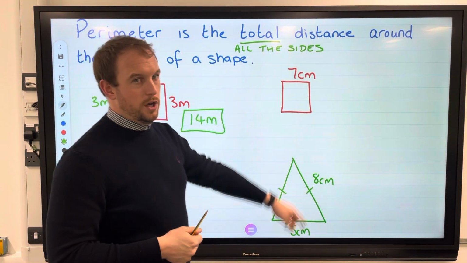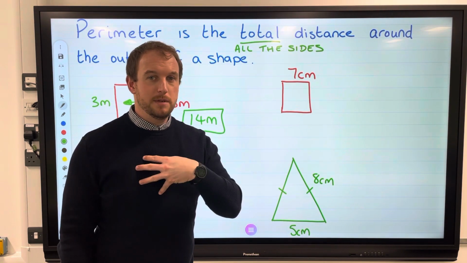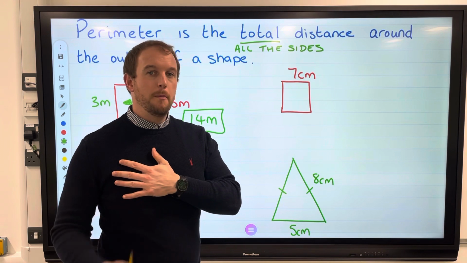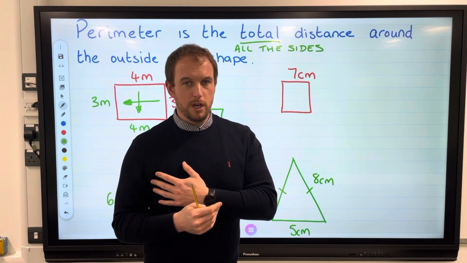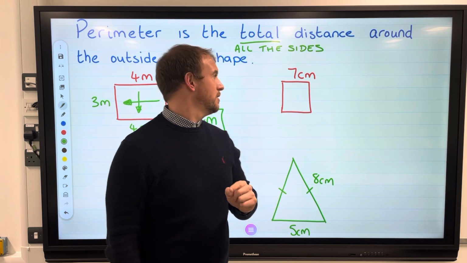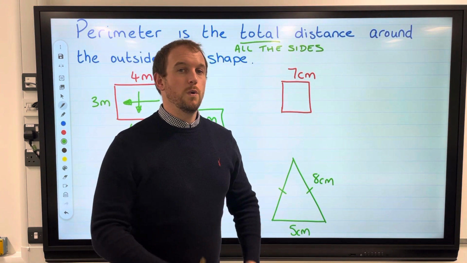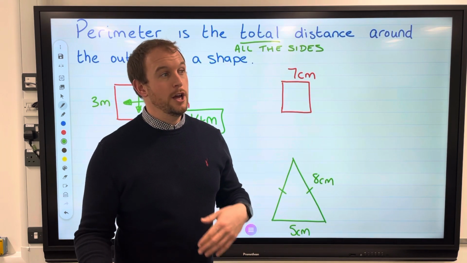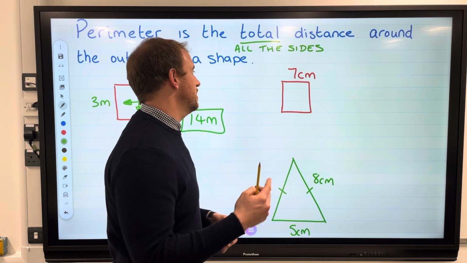Here I have only labelled one of the sides. Have I made a mistake? No, but I see it all the time where it starts to freak people out when they only see one side labelled. What shape is it? It's a square. What's a property of a square? All 4 sides are equal. If they're equal, they are the same.